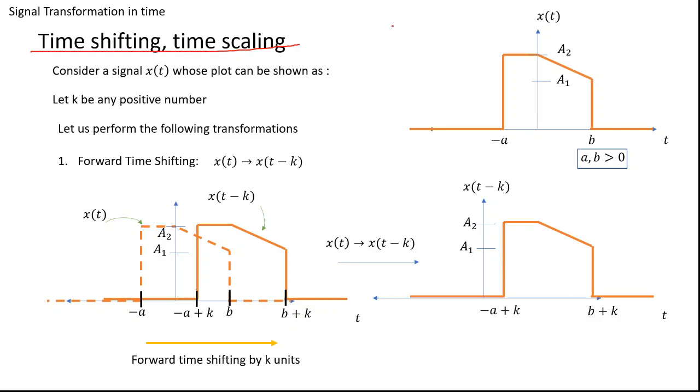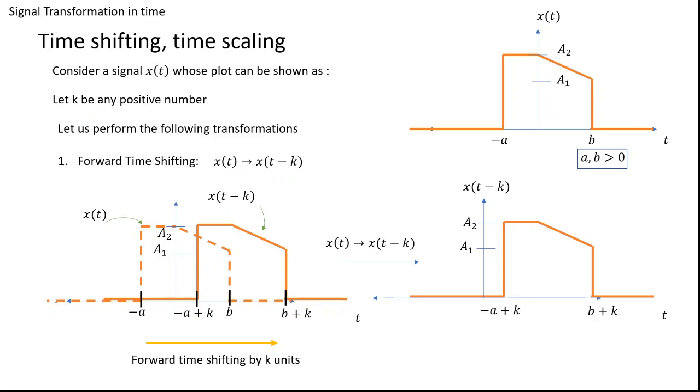So consider any arbitrary signal x of t. Let us perform a time shifting operation on this. Let's say the signal x of t is shifted in time by a positive number k.